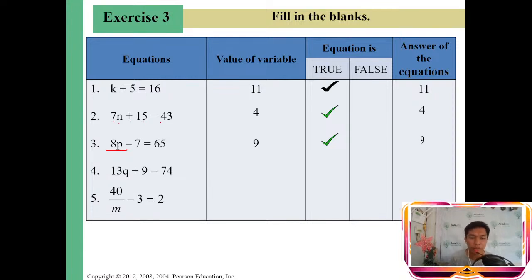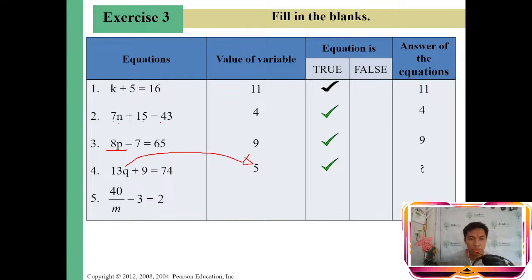Next one: 13 times 5 is 65, plus 9 is 74. So this one will be changed to 5.